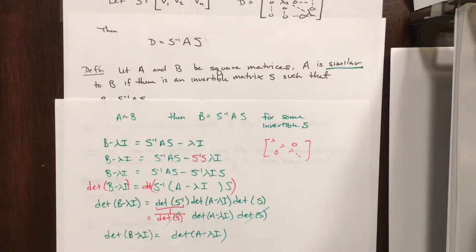Matrices that are similar have the same characteristic equations and thus the same set of eigenvalues.